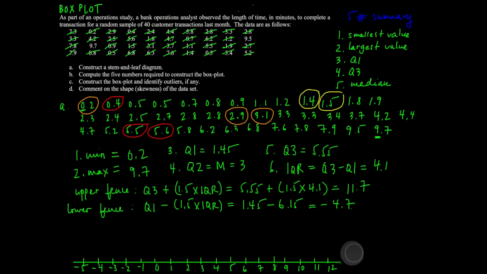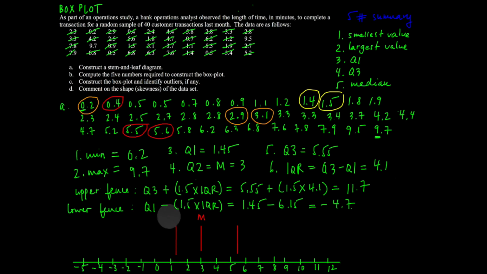Perfect. So the first thing that I suggest you put in is your median, always. So the median is here at 3. So this is my median, or my Q2. Next, I suggest we do Q1 and Q3. So Q3 is approximately over here at 5.55. And Q1 is approximately here at 1.45.